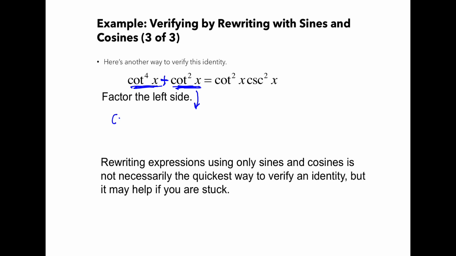If I factor out cotangent squared x, they all have at least 2 cotangents, right? That leaves me with 2 cotangents here and 1 over here. Cotangent squared x divided by itself is 1. And at this point, I think we have another identity that we can look back at in our previous list.